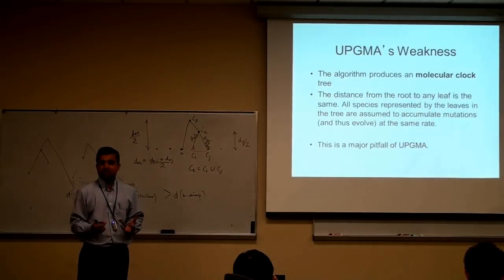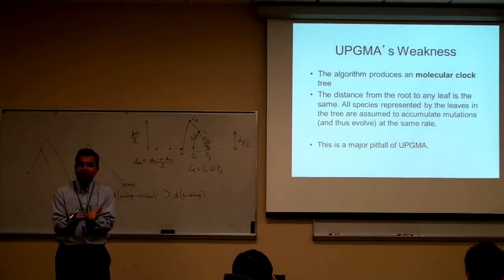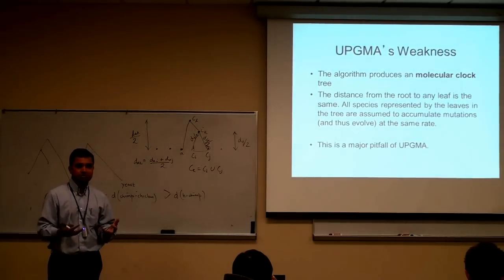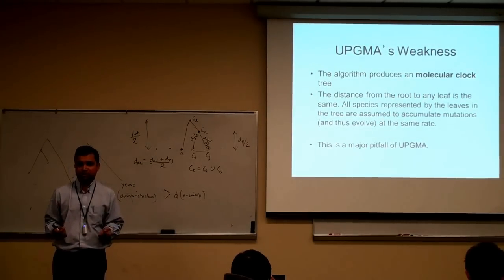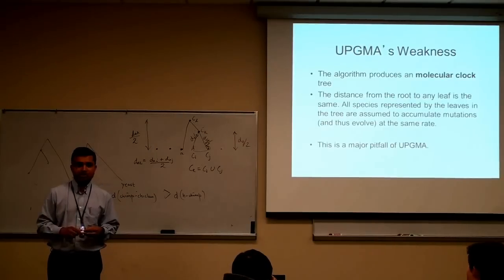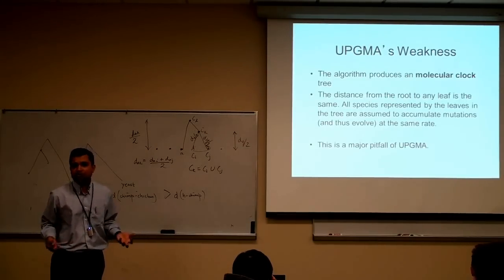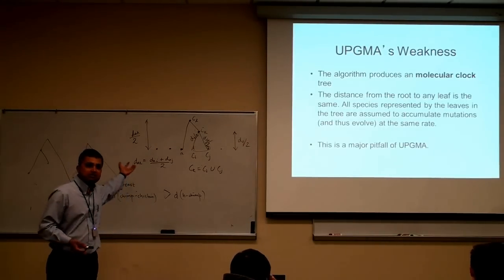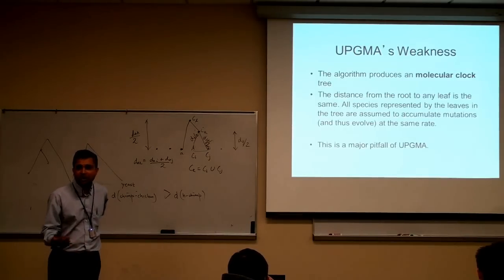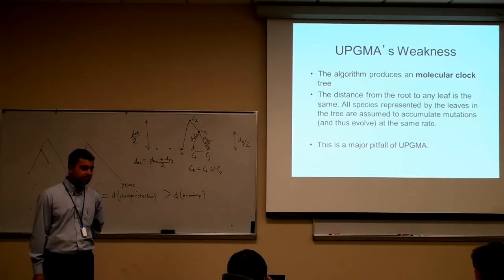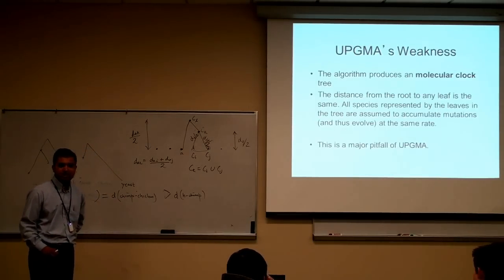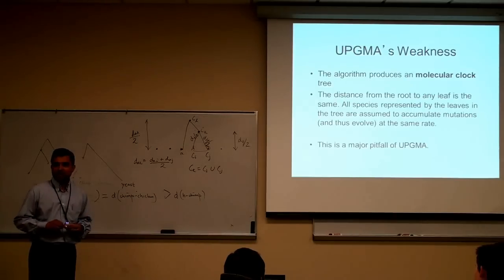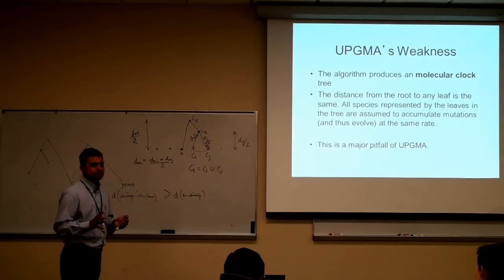And so in that case, if for the genes that are guiding your reconstruction, that define the distance matrix, the molecular clock is not true for those genes, then the tree output here will not agree with your data. Did you understand that?